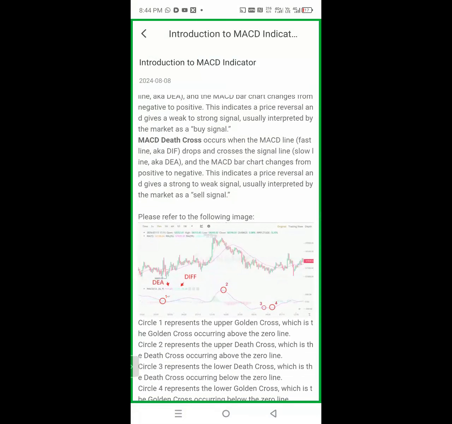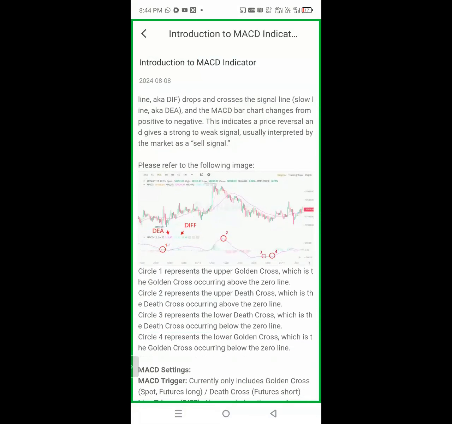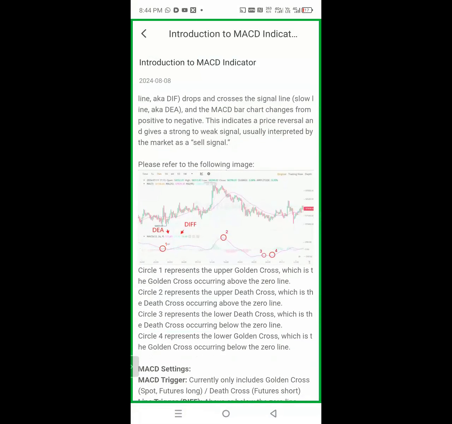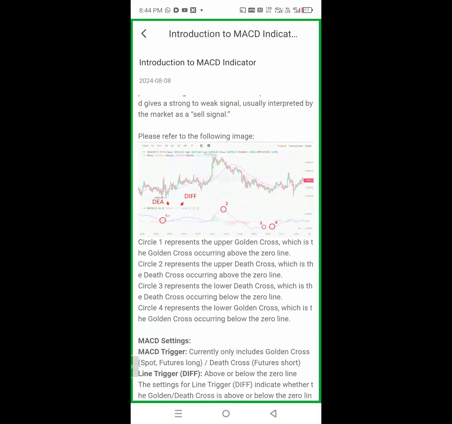Okay, so please refer to the following image. You can see cycle number 1, cycle number 2, cycle number 3, and cycle number 4. Cycle 1 represents the upper golden cross, which is the golden cross occurring above the 0 line.